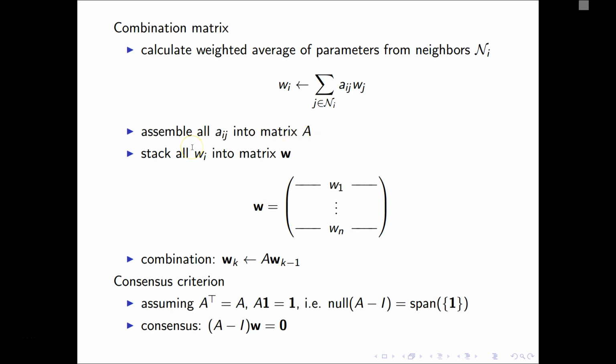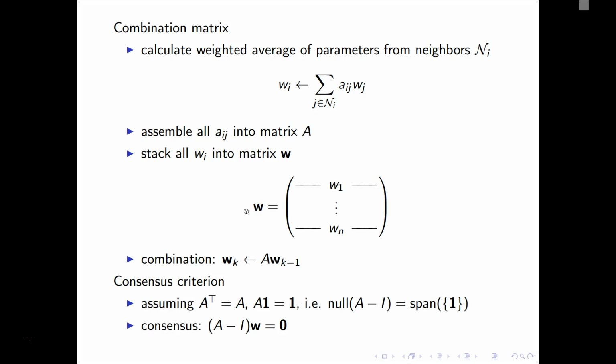We can also stack all the Wi into a matrix W. So W1 through Wn will be stacked together, and we essentially assemble all these weights from the whole cluster of nodes into one big W matrix. In this case, the combination step will simply be W^k gets A times W^(k-1).